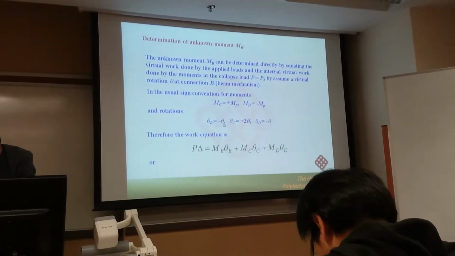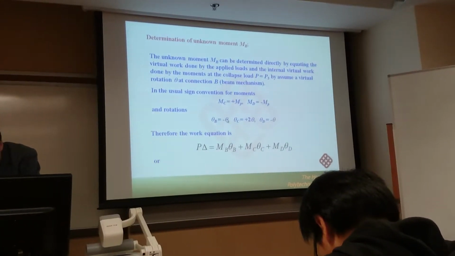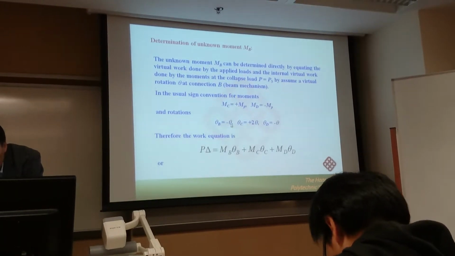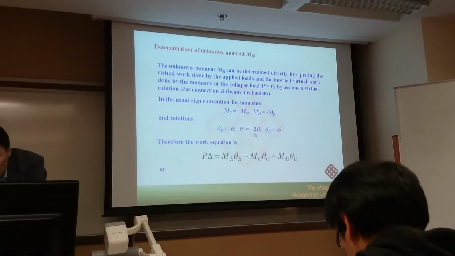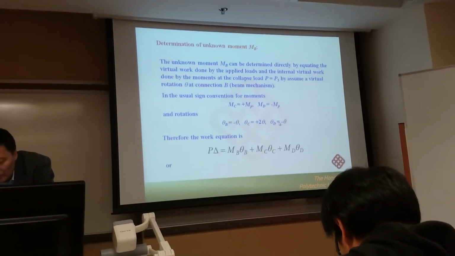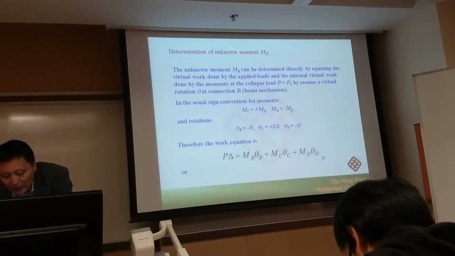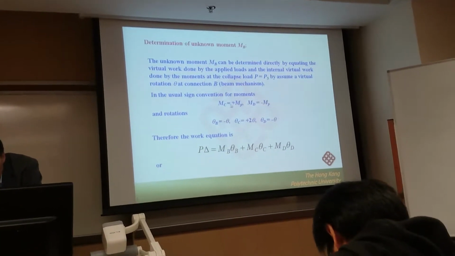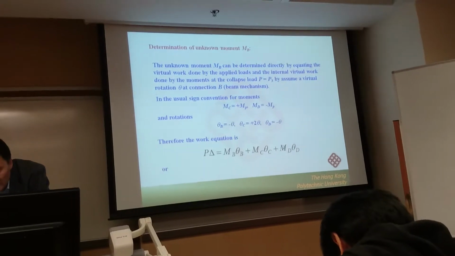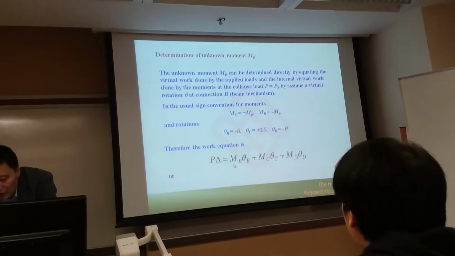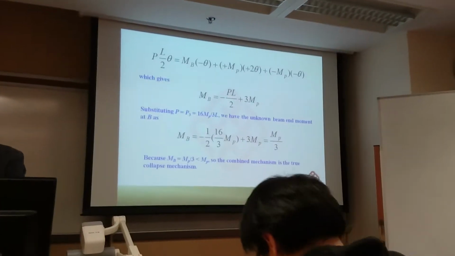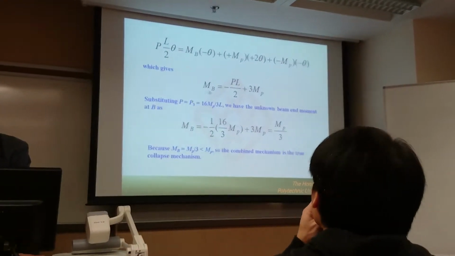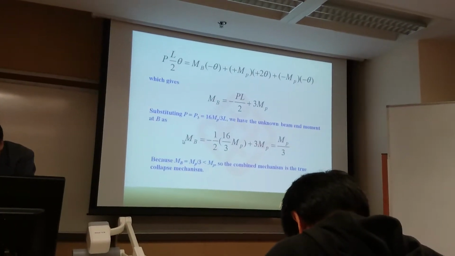This virtual rotation at the point B is a negative rotation angle. At the point C, it is positive, and at the point D, it is negative. The MC is positive, and the MD is negative. So from this equation, we obtain the MB value.